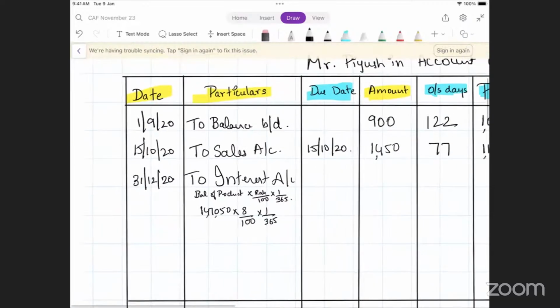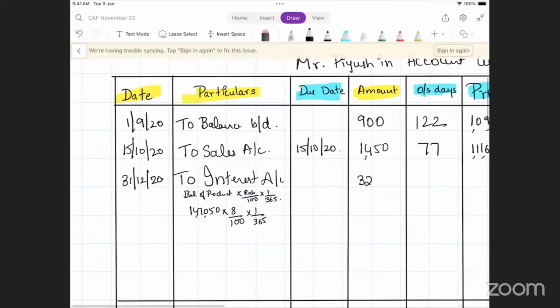That gives 32.2301, so 32.23. I write this in the amount column. The product column is already closed, so no point in writing it in the product column. Now we write it in the amount column. It's the interest calculated.